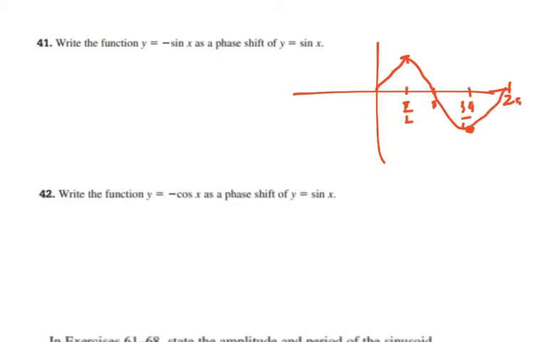But we want negative sine to be this, and so negative sine is just going down first, then up through x, up, and then down again. And so how do I make this red one shift to become the green one? So as you can see, write the function as sine.